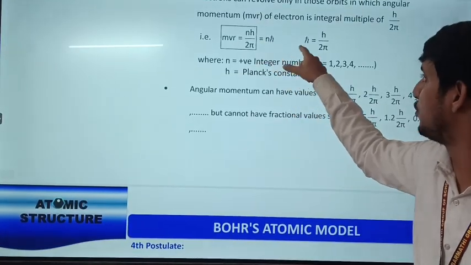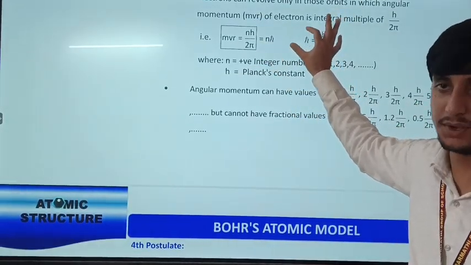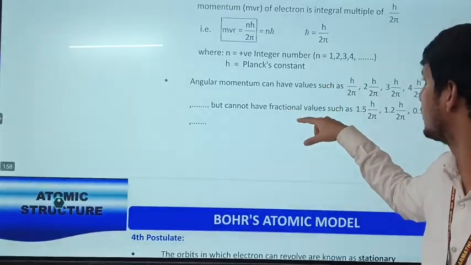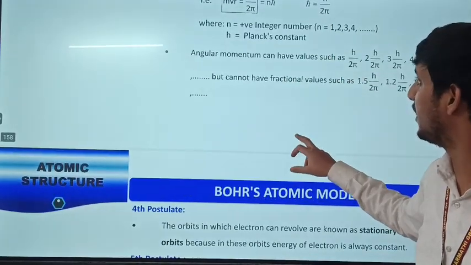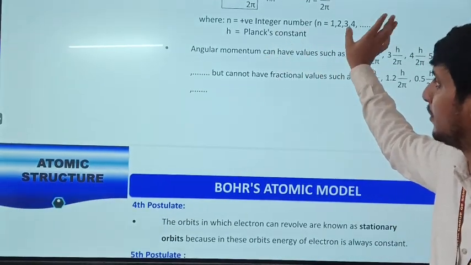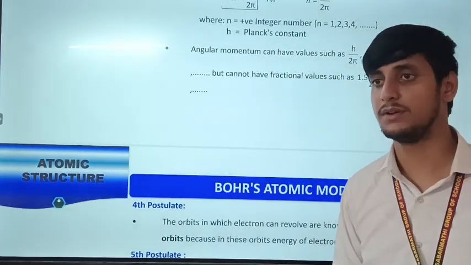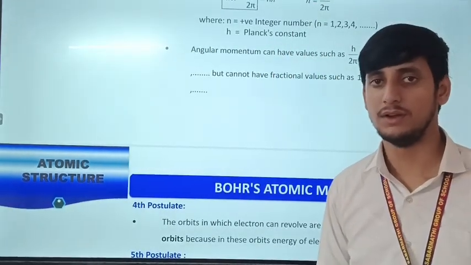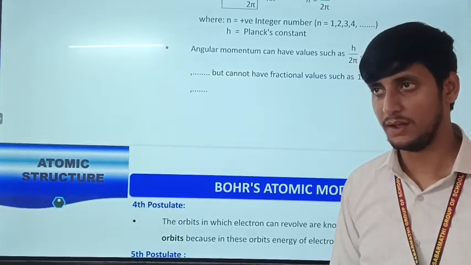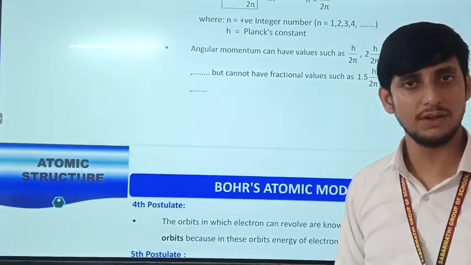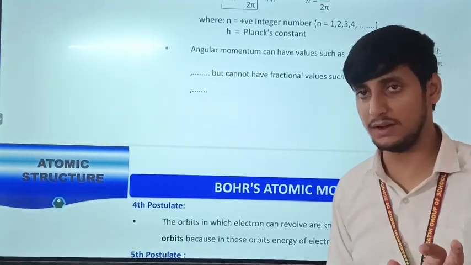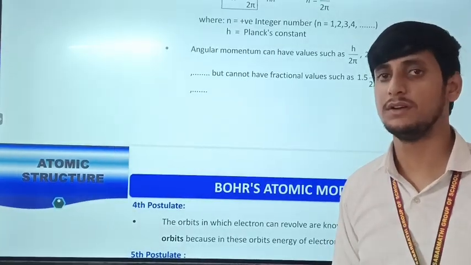h upon 2 pi can be written as h bar equal to h upon 2 pi, where n is a positive integer and h is Planck's constant. What is the value of Planck's constant? 6.6 into 10 to the power minus 34. The unit is important. What unit?